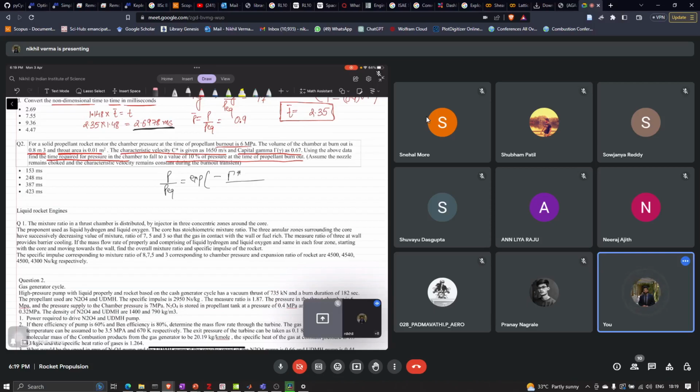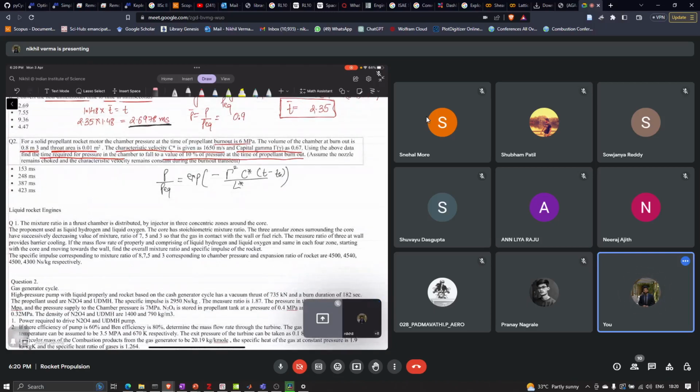So this L star C star, gamma square C star, divided by the T minus TB. Correct. I hope you remember this formula, right?